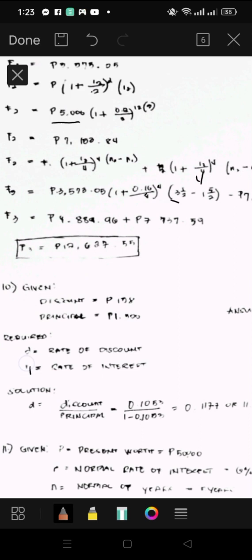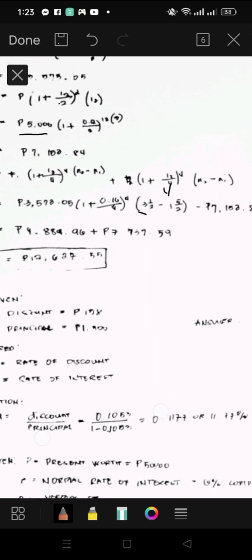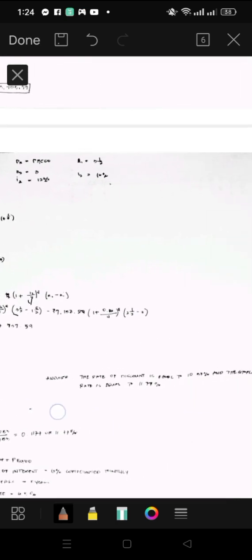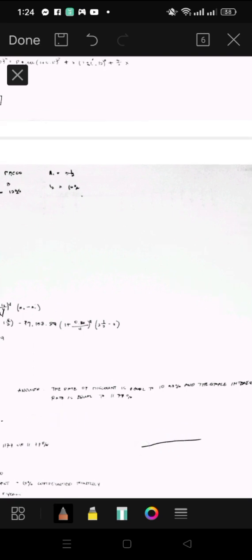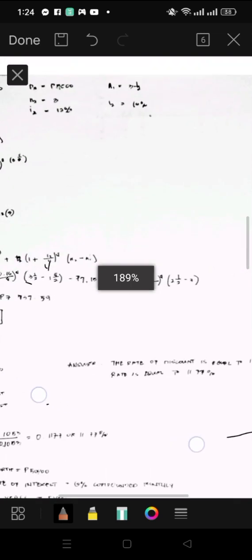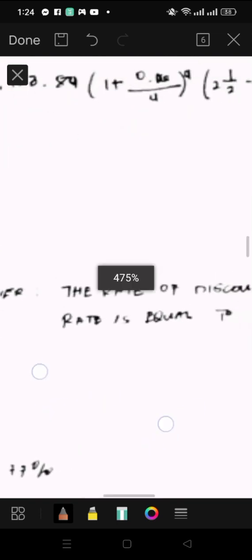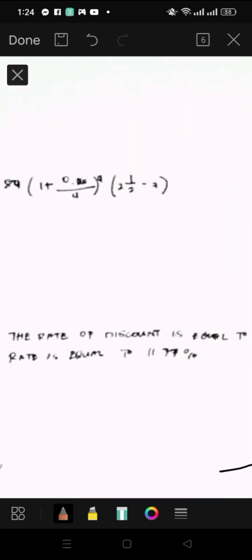So solution is discount over principal. So the R is equal 0.1053, equal 1 minus 0.1053, equal is 0.1177 or 11.77%.